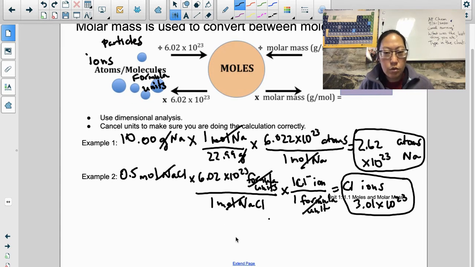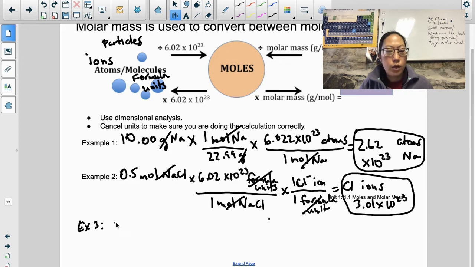Now, let me do one more example. I wasn't able to spend time in class doing this, but I think probably another example might be helpful for people to see. So let's start with something like CO2. Let's start with the number of molecules this time.